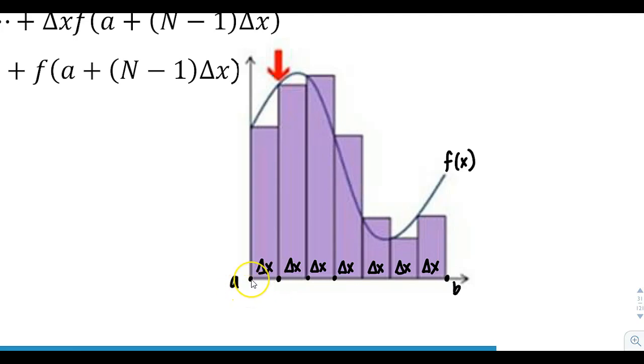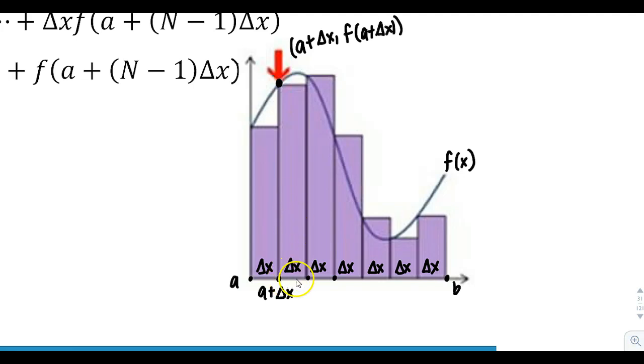So this first x value would be a plus 1 copy of delta x. That means the height of the rectangle there is going to look like this coordinate point up here is a plus delta x, and then f of a plus delta x.